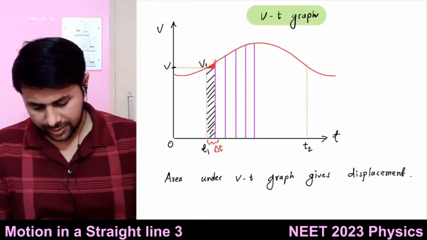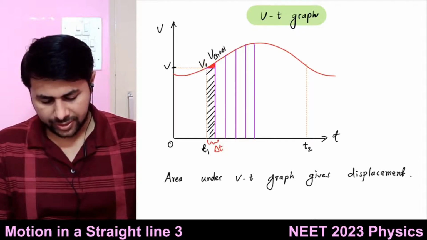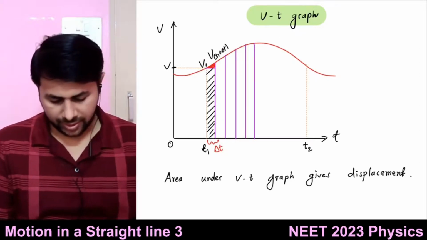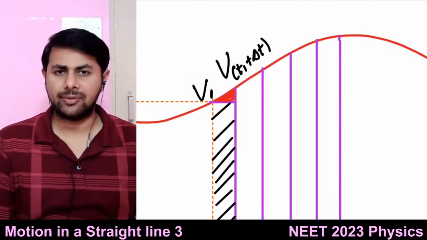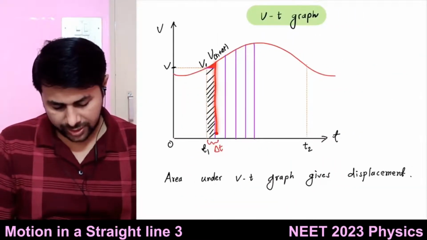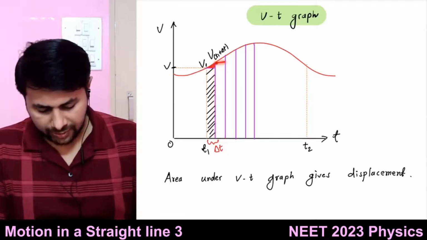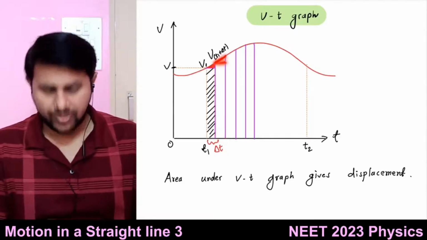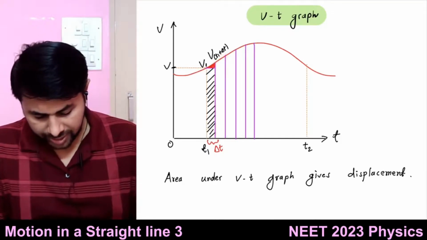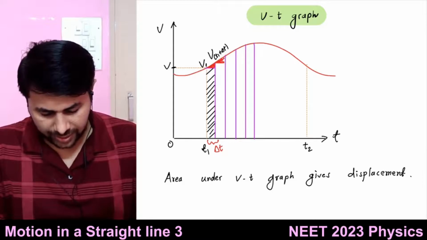And it is velocity at t1 plus delta t. If I take that velocity and multiply it with delta t, what do I get? I will get the area under this curve from here to here with this much error, right?